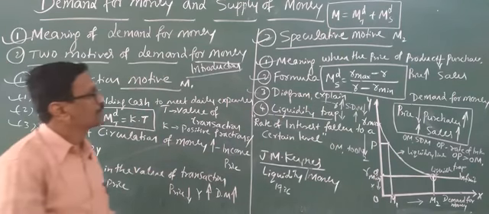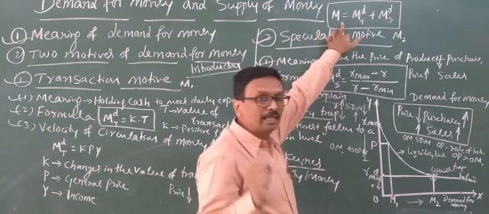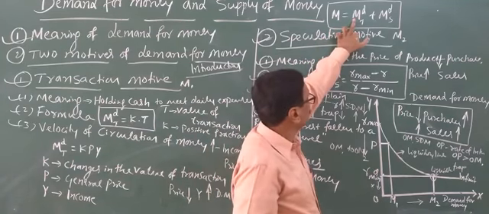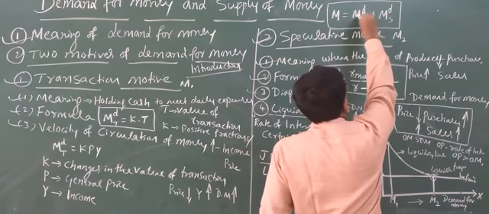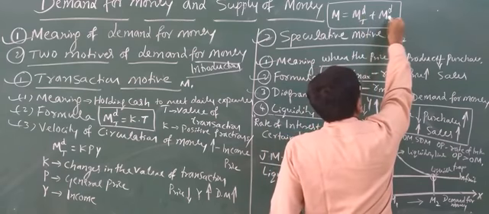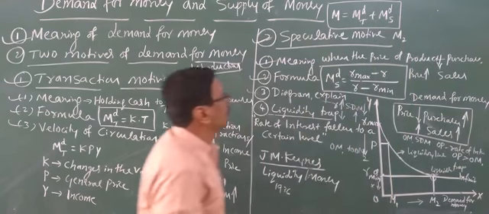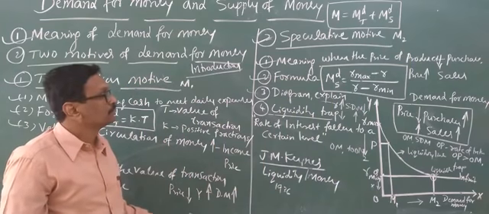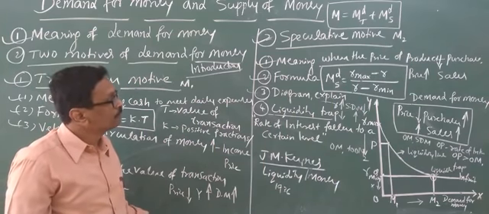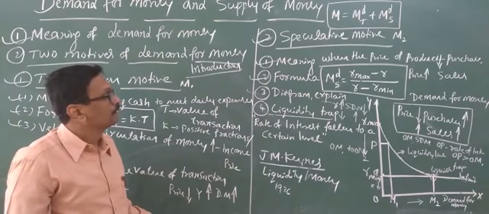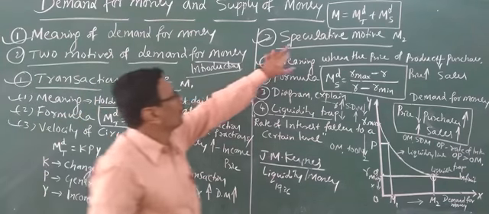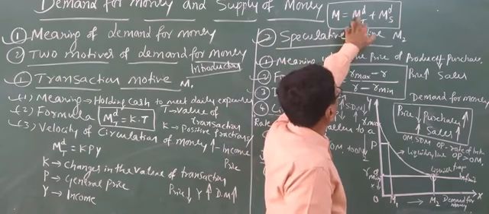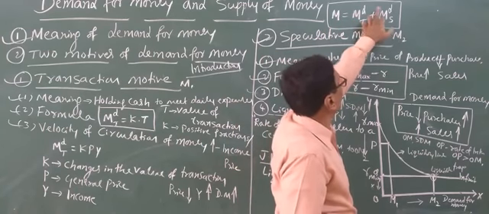Aggregate demand for money is equivalent to the demand for money for the transaction motive, T, plus the demand for money for the speculative motive, S.